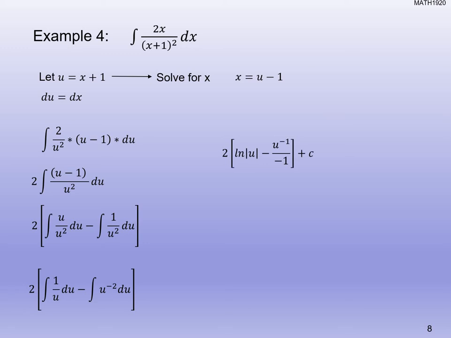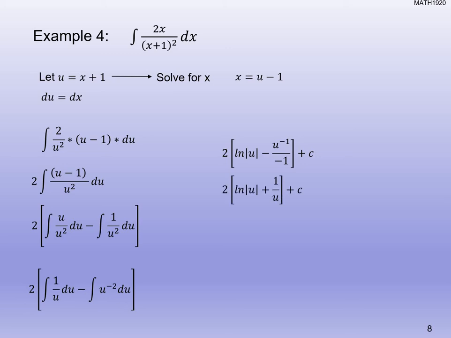So we're going to still have that 2 in front. The integral of 1 over u du becomes natural log of absolute value of u minus the integral, all right, we got to undo the power rule here, u to the negative 2 becomes u to the negative 1 divided by negative 1. Make sure we're really keeping track of signs here, all right, plus c.